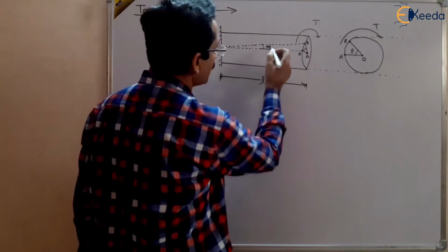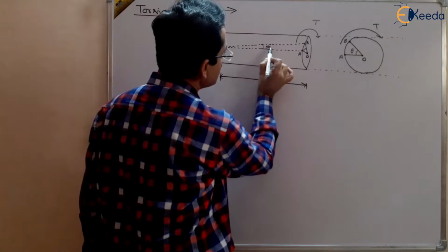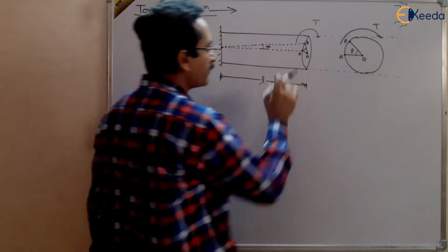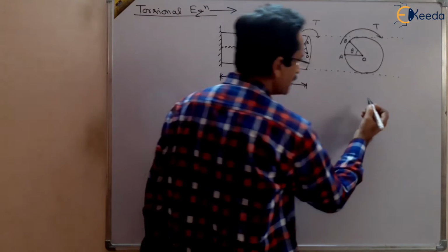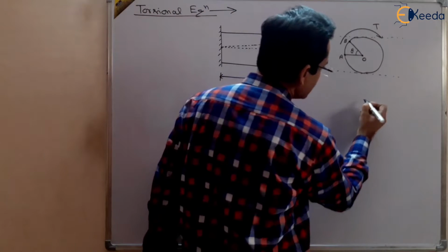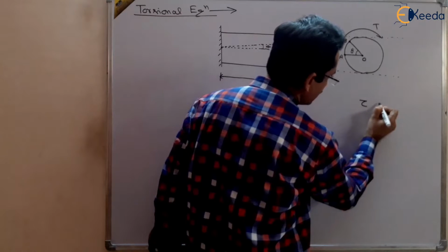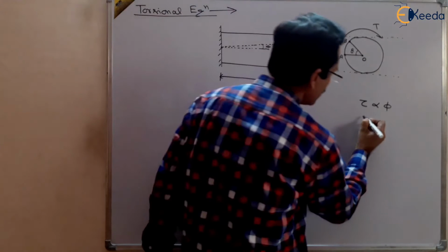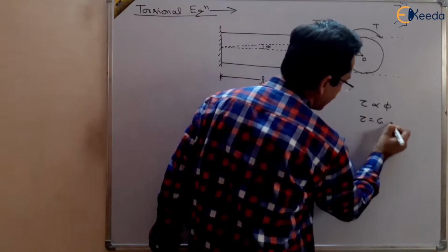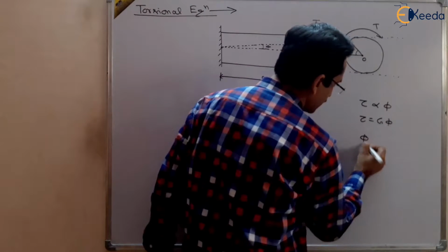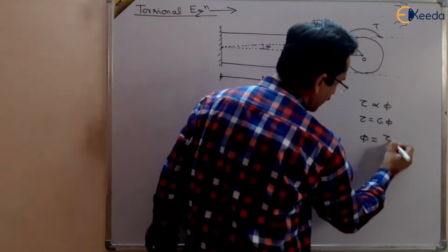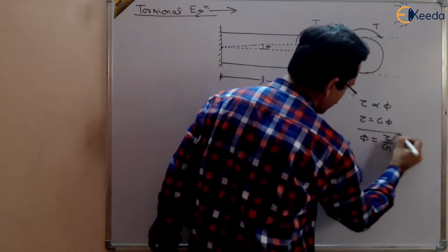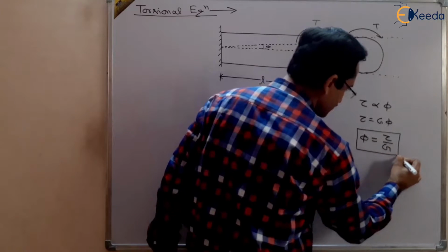How will we find out phi? Let us remember that shear stress is proportional to shear strain within the elastic limit. This we have read, right? Or tau is equal to G phi, or phi is equal to tau by G. This should be remembered.